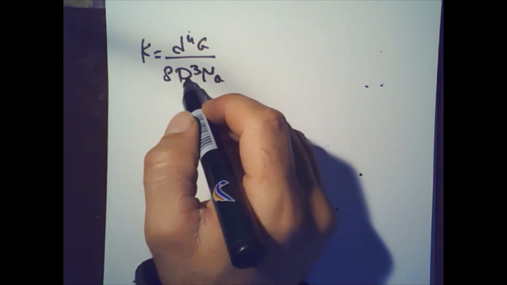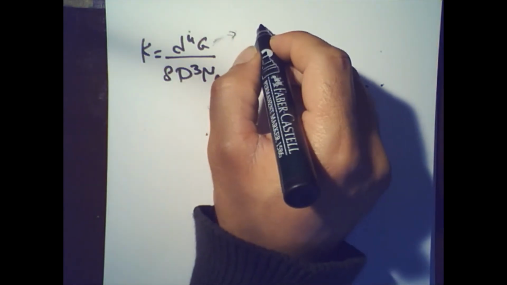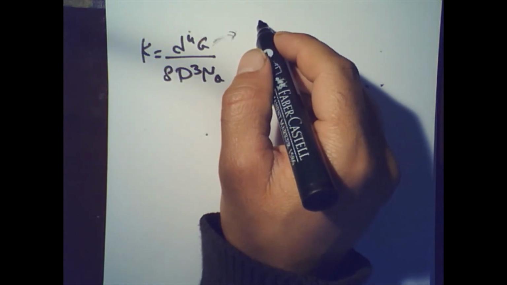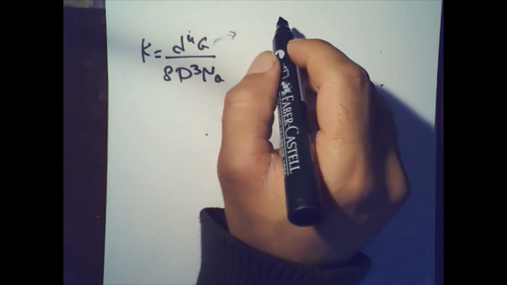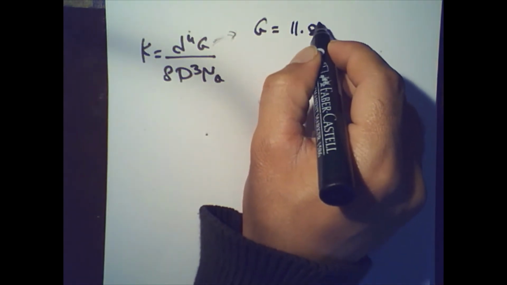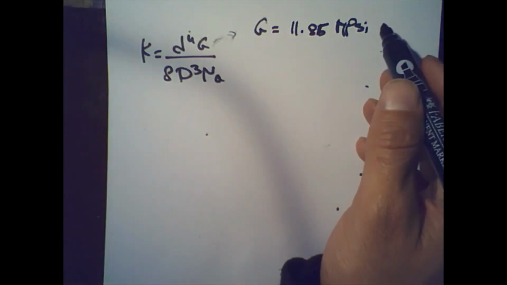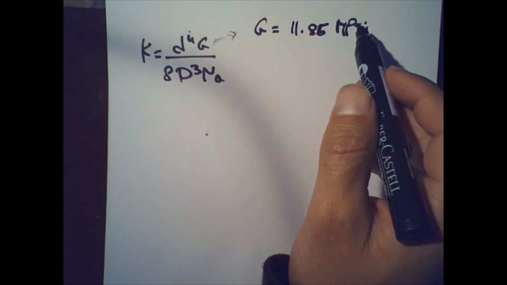From table 10.5 you can find G for various types of wires, and in this case, G is going to be equal to 11.85 Mpsi, mega psi, or 10 to the 6.